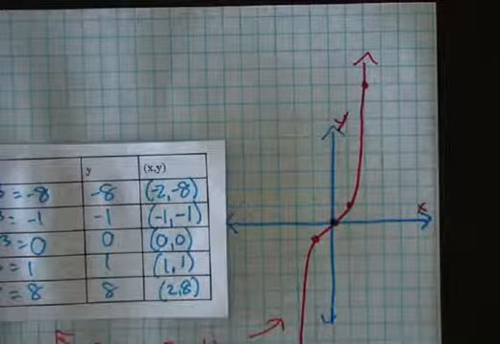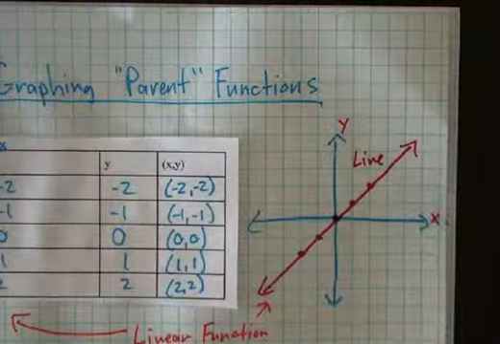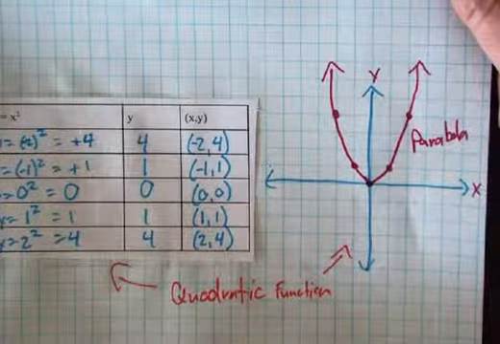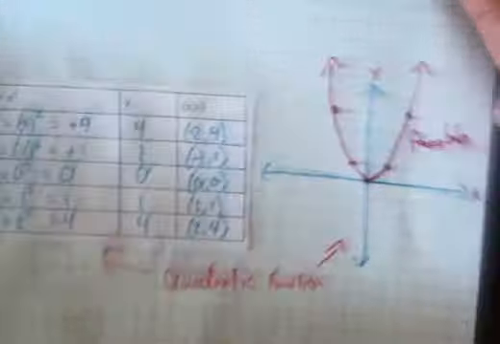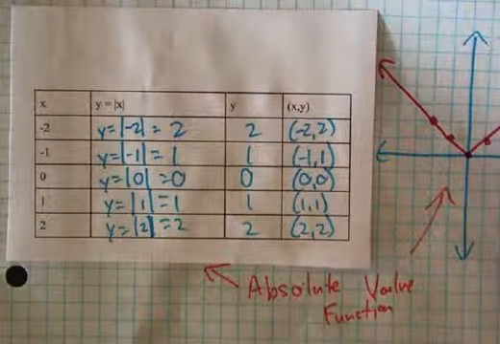So, if I showed you this, you know it's the linear parent function. If I showed you this, you would know it's the quadratic parent function. If I showed you this, you would know it as a cubic parent function. And if I showed you this, I know it's the absolute value function.